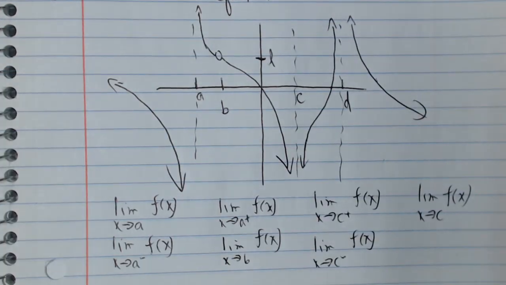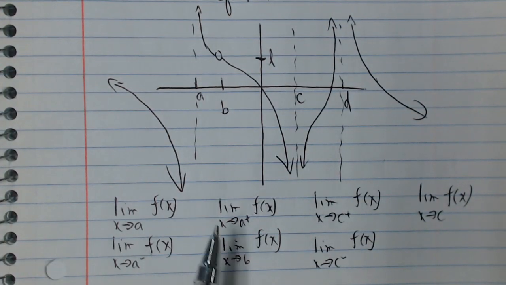So once again, take a minute, pause it, and see if you could answer these just by looking at the function, and then you could press play and we could talk about it.